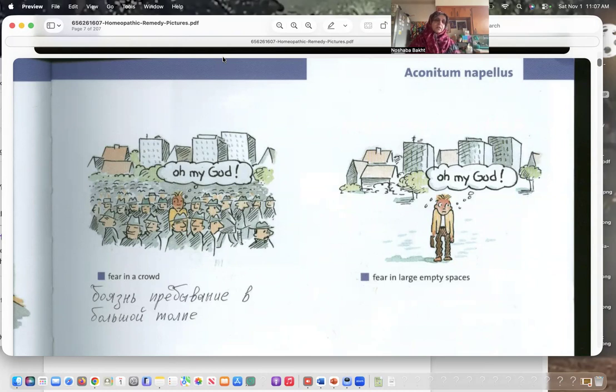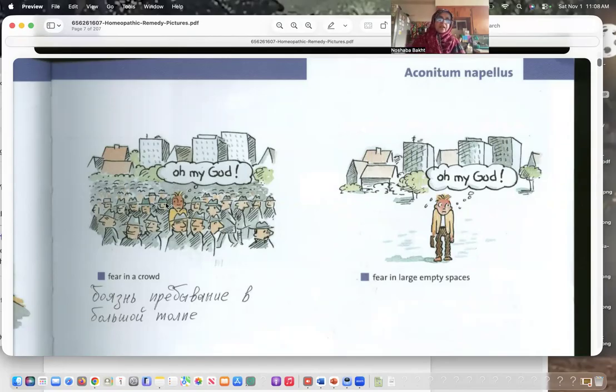So when people have this kind of fear, fear of crowds, of going under a bridge or in tunnels, there are other remedies also. I'm not saying only this. But if they are very afraid, give them aconite, start. Open the door. This is the door I was talking about.